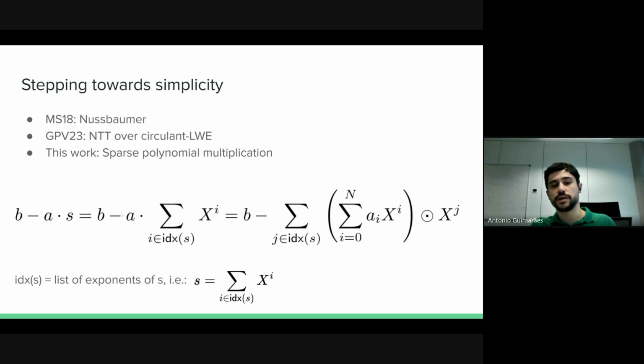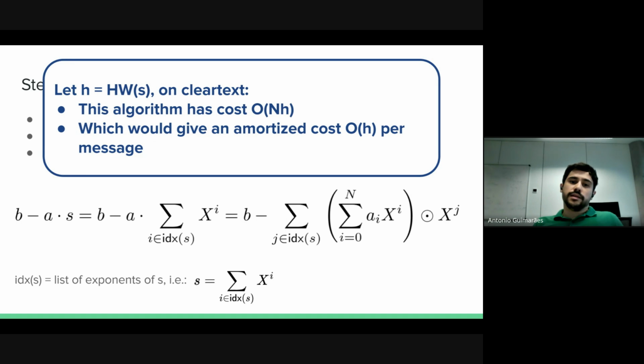So a multiplication between a and s can be represented by h, let h be the Hamming weight of s, monomial times polynomial multiplications. Now, a monomial times polynomial multiplication can be computed in time n times h. And if you consider time cost per message, since these RLWE encryptions would be encrypting n messages, the cost per message would be O of h if we are able to homomorphically evaluate this algorithm.